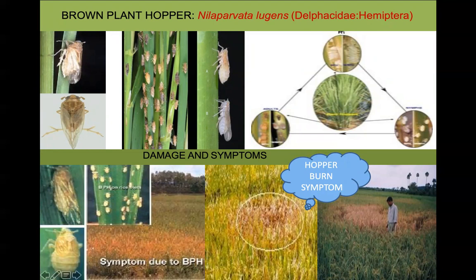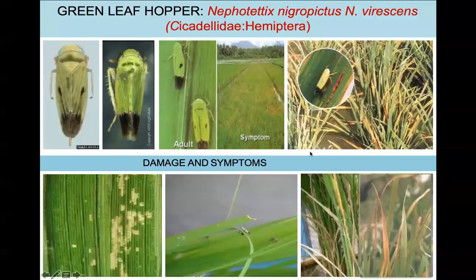Because of that, they cause a burning like symptom in the rice plant. Most of the time you might have seen burning patches in the rice field in a circular fashion. This is also called hopper burn. This is a typical symptom of Nilaparvata lugens, the brown plant hopper. So you can easily identify it.